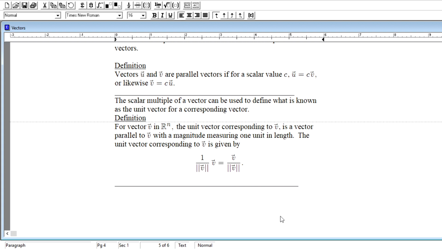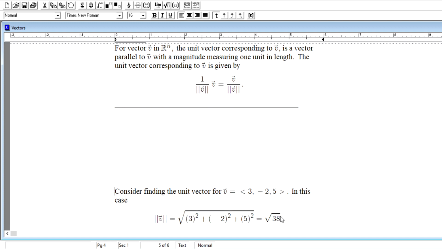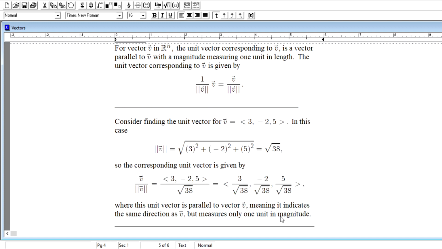If we look at a calculation of a unit vector, we might consider finding the unit vector for this vector here, v bar equal to 3 comma negative 2 comma 5. Well, in the unit vector calculation for v here, we are going to need to divide v by its magnitude.